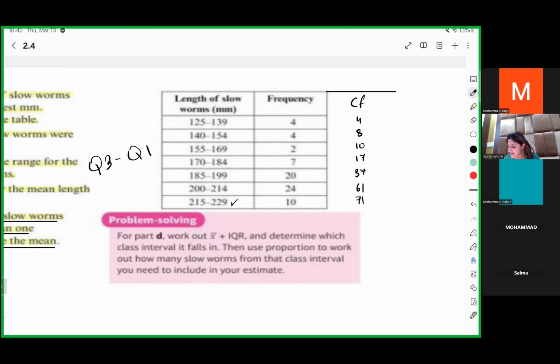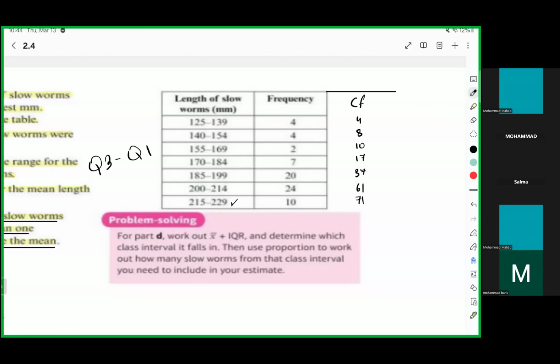And up to 217.7 is how much? 63.13. So if I want above 217.7, what will I do? I will do 71 minus 63.13. So I have approximately 7.867, or I say I have approximately 7 worms who lie above 217.7 millimeters. Please go through it.